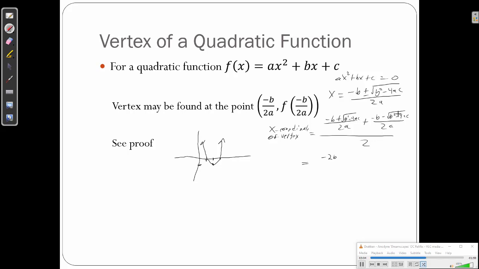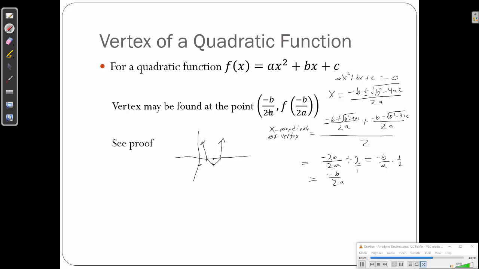You add the positive square root and the negative square root together, they just go away. So you've got negative 2b over 2a, and then divided by 2 over 1. So that's negative b over a times 1/2. So that just comes out to be negative b over 2a.